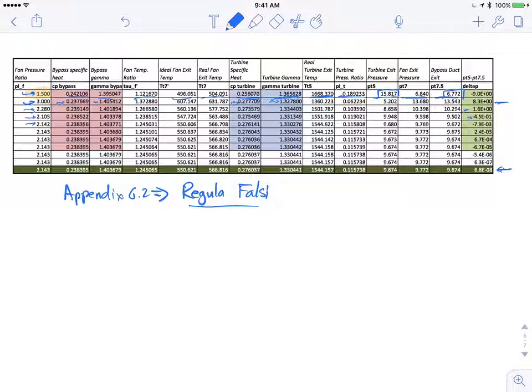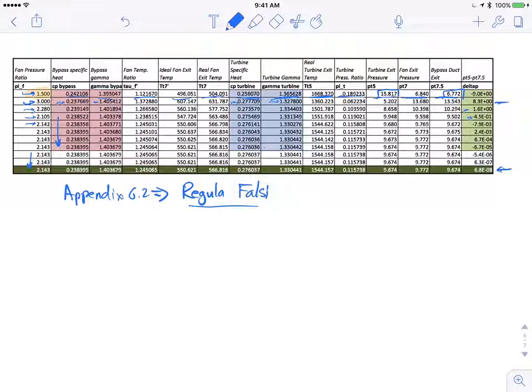And we can see as we go down, it doesn't take long for our air properties to converge. The shaded areas are showing where the air properties are still converging, and once they're converged, it also doesn't take long for our value of pi f to stop changing, and our other parameters to stop changing as well.